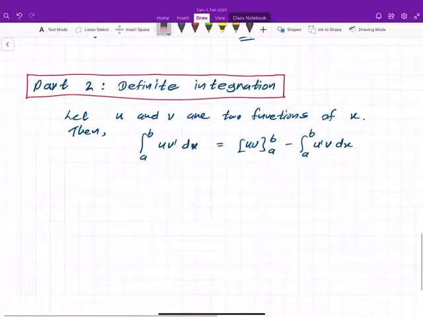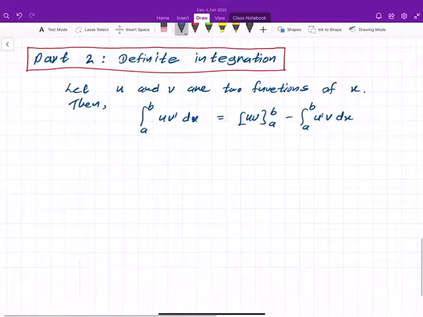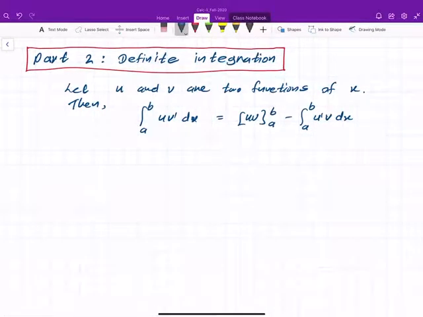All right, let's move to the first example of this part. Actually, that is example number 3 of the section. Example number 3, you're going to integrate tan inverse x from 0 to 1.